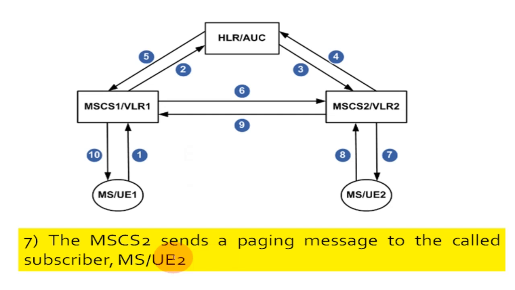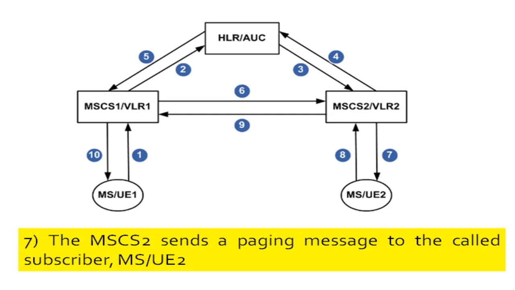Then the MSC2 is going to do what? It's going to send a paging message via the BSC BTS subsystem, which we can never do without, to the called subscriber MS2 or UE2.